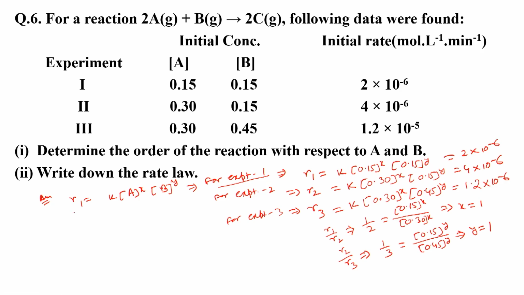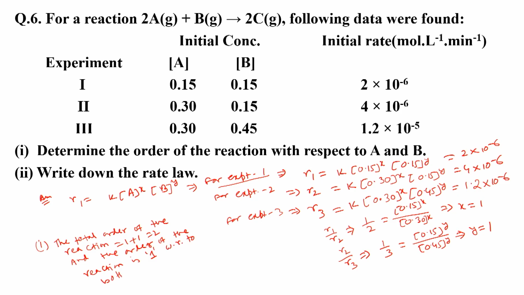So first we have to calculate the order of the reaction. The total order of the reaction is 1 plus 1, so 2, and the order of the reaction is 1 with respect to both A and B. So with respect to A, the order is 1, and with respect to B, the order is 1.